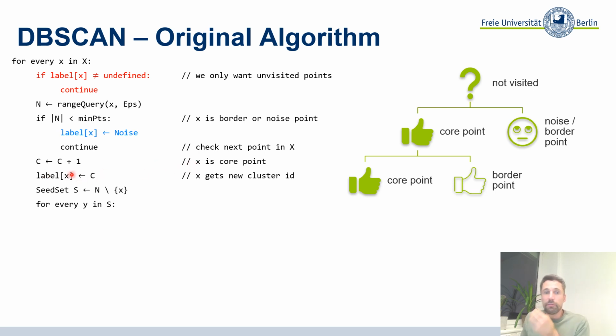So if a point has a number or an ID as its label, it is assigned to a cluster. We don't really explicitly store whether it's a core or a border point. We just keep it in our set of points for a given cluster.